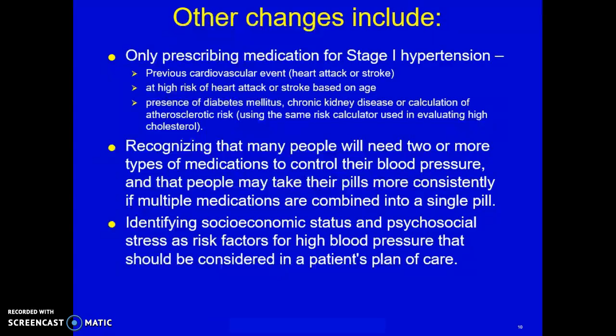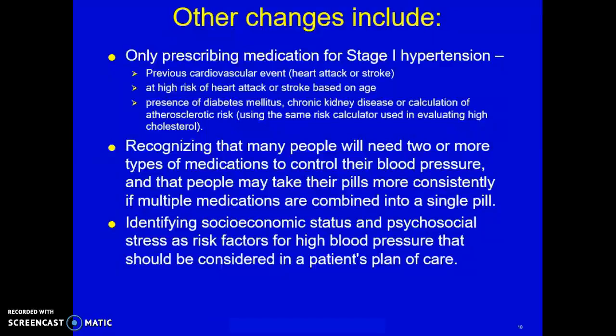So other changes include only prescribing medication for stage 1 hypertension. In the old system, that was the level where you started patients on drugs. Now they can be given drugs earlier than that if they have previous cardiovascular events like a heart attack or stroke in the past, or they're at high risk for heart attack or stroke based on their age, or if they have chronic conditions associated with increased risk for hypertension, such as diabetes and kidney disease.